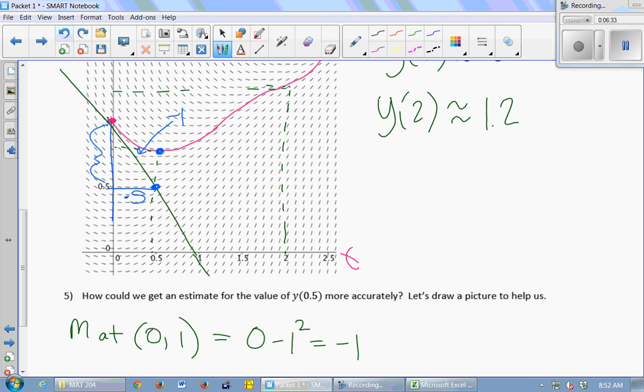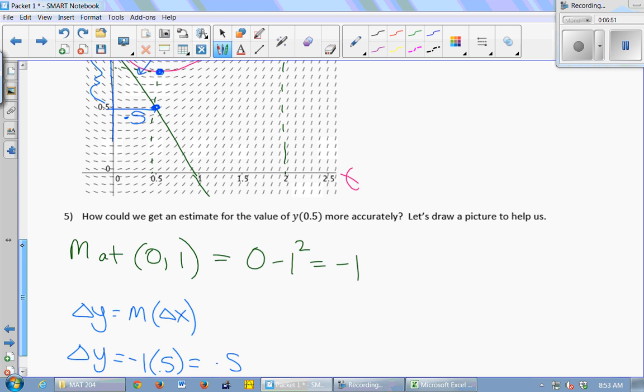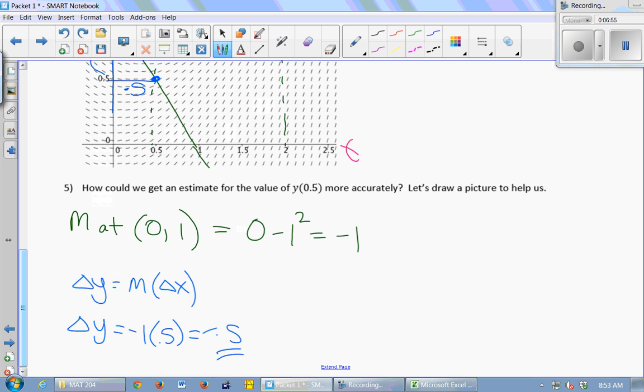Yeah, I would just say, okay, well, delta y is my slope times delta x. That's what we did earlier. My slope is -1, and delta x is 0.5. So my change in y is -0.5, because of the -1.